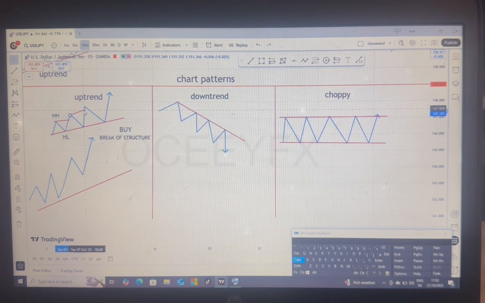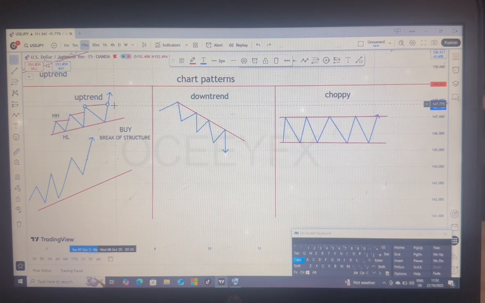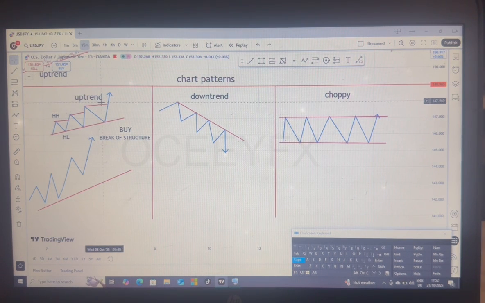This is another break of structure. This is another break of structure. Let me indicate that here as a BOS. So we call BOS break of structure.